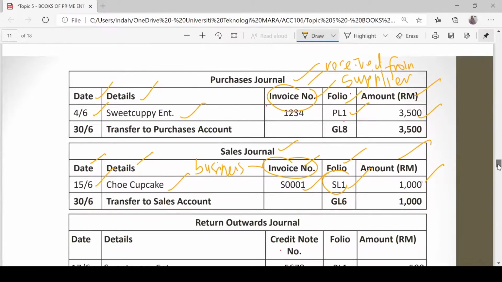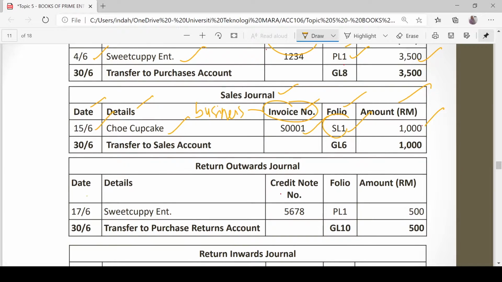Again, the format will be similar. You have the title, of course, the date, the details, folio, amount, and here it is not an invoice but a credit note. This credit note is the one that we receive from our supplier, to indicate that they have credited our account when we return the goods.